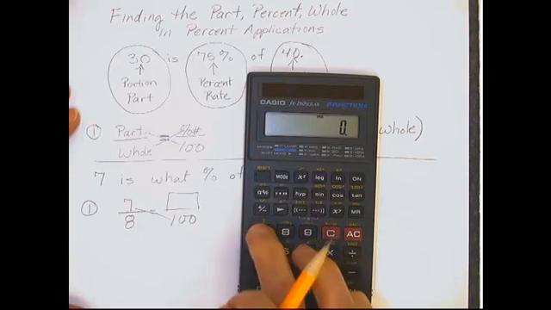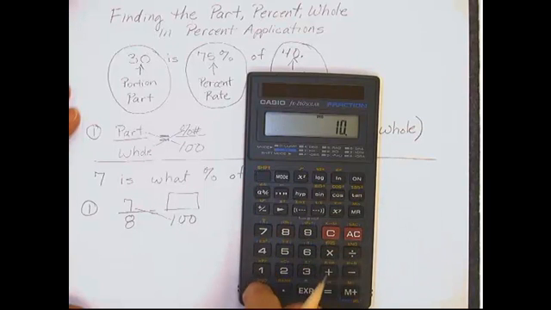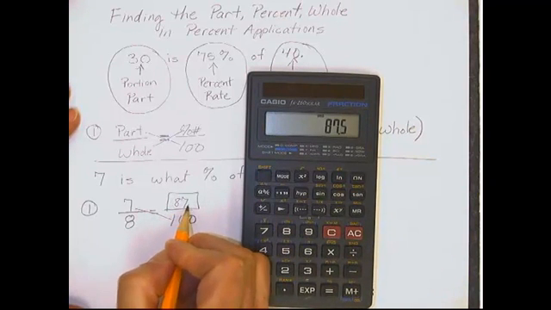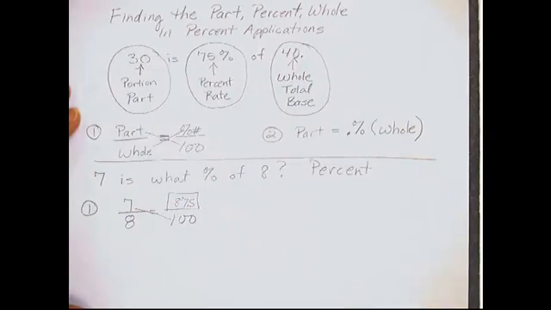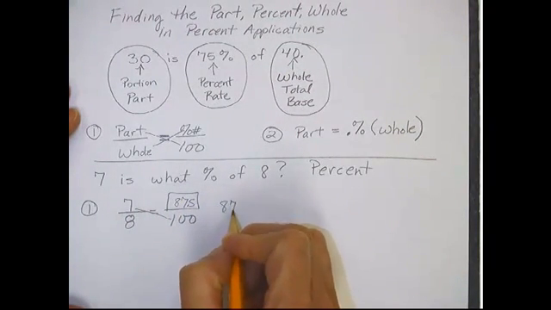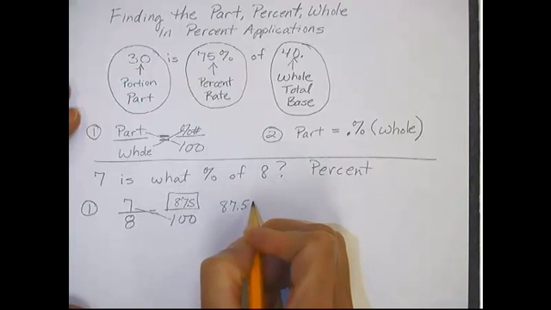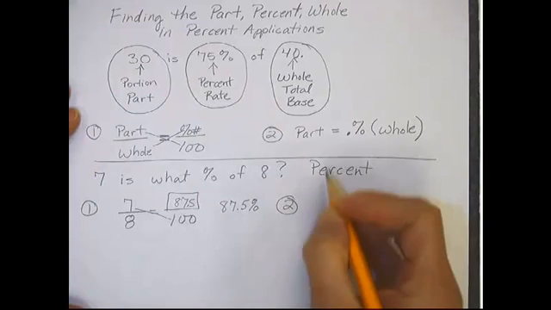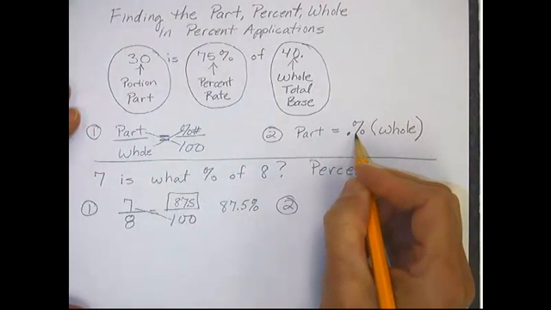So after clearing, 7 times 100 and then divide by 8 would give us 87.5, and then we identify that as 87.5%.